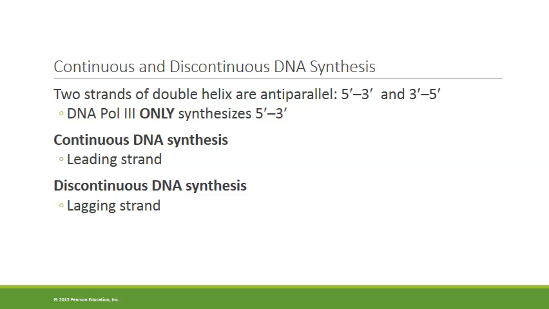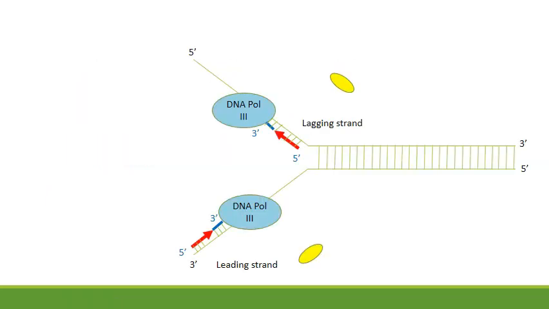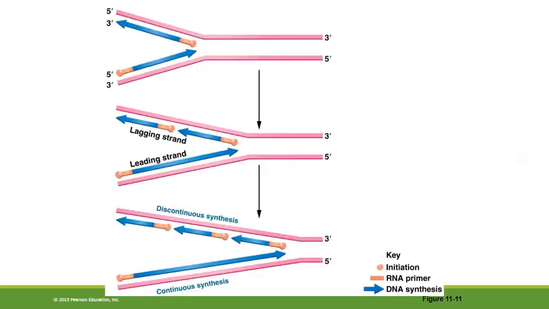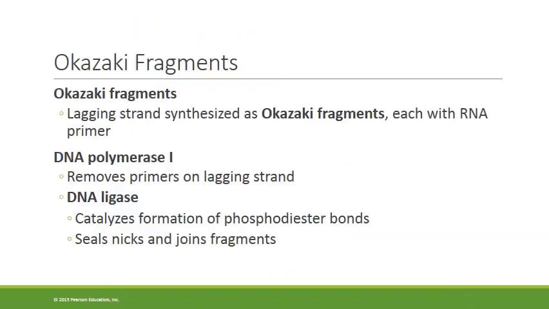One of the strands we can consider continuous, the leading strand, and the second strand, the lagging strand, is discontinuous. Leading would be this one that can continue, and the lagging strand would be the one made in the Okazaki fragments. So we have this discontinuous synthesis where we have these small fragments.